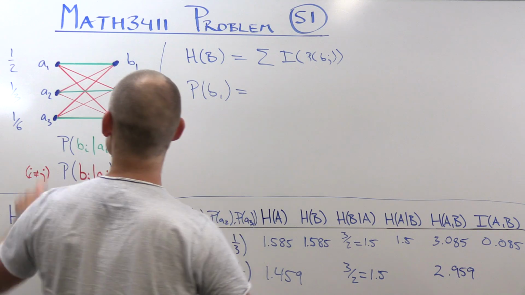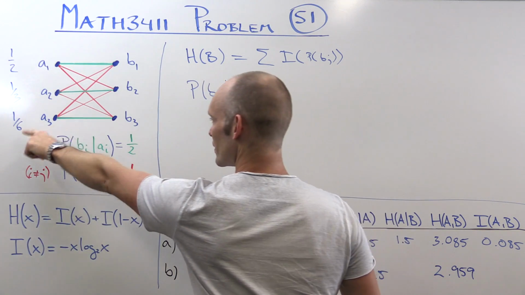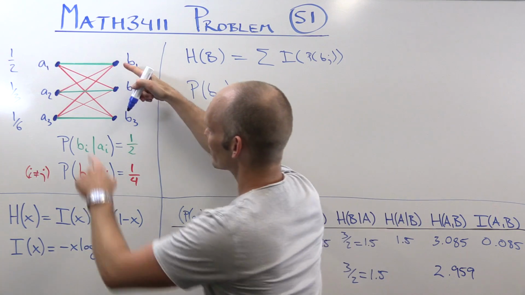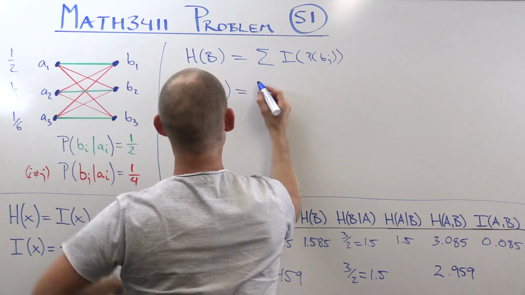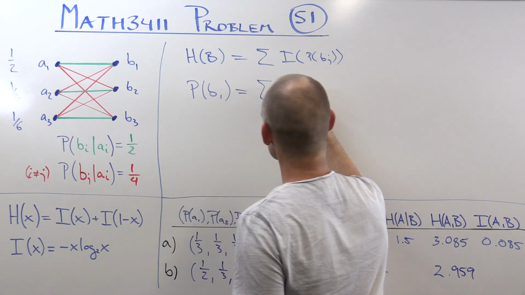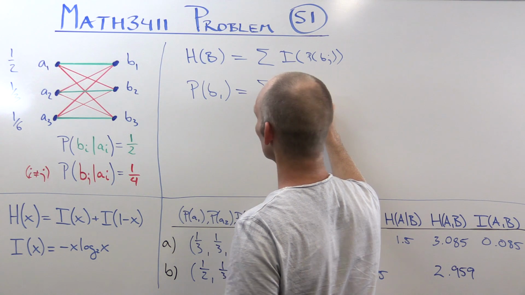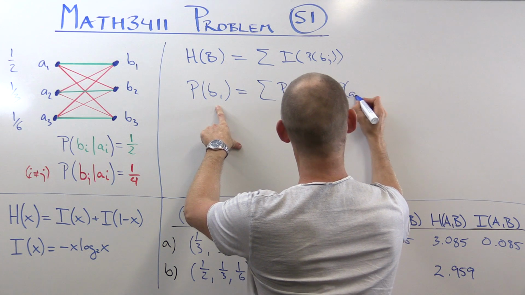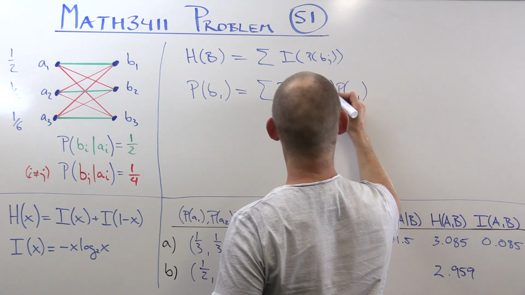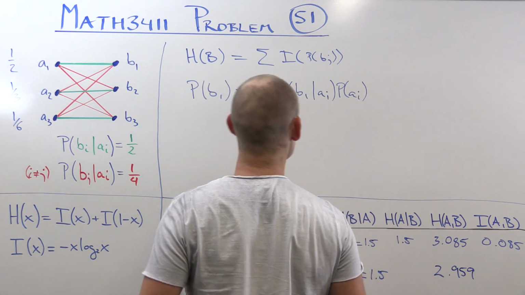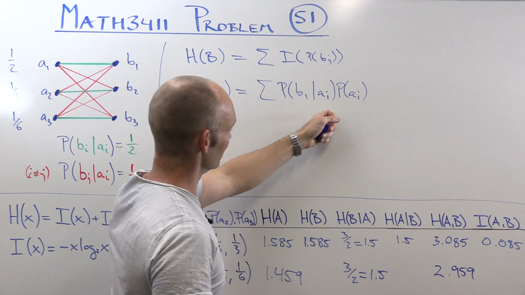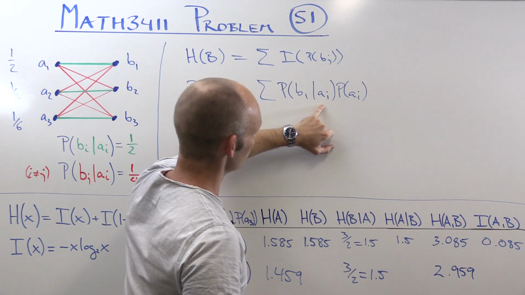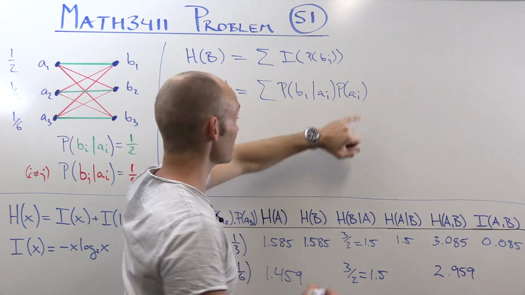like so. Now the probability of A1 is a half, and A3 is a sixth. So to get to B, we can either come from A1, A2 or A3. So in other words, this is the conditional probability that we get B1 given A1 times its probability, or in general A_i times the conditional probability that we get to B1 given A_i times the probability that we started in A_i in the first place.